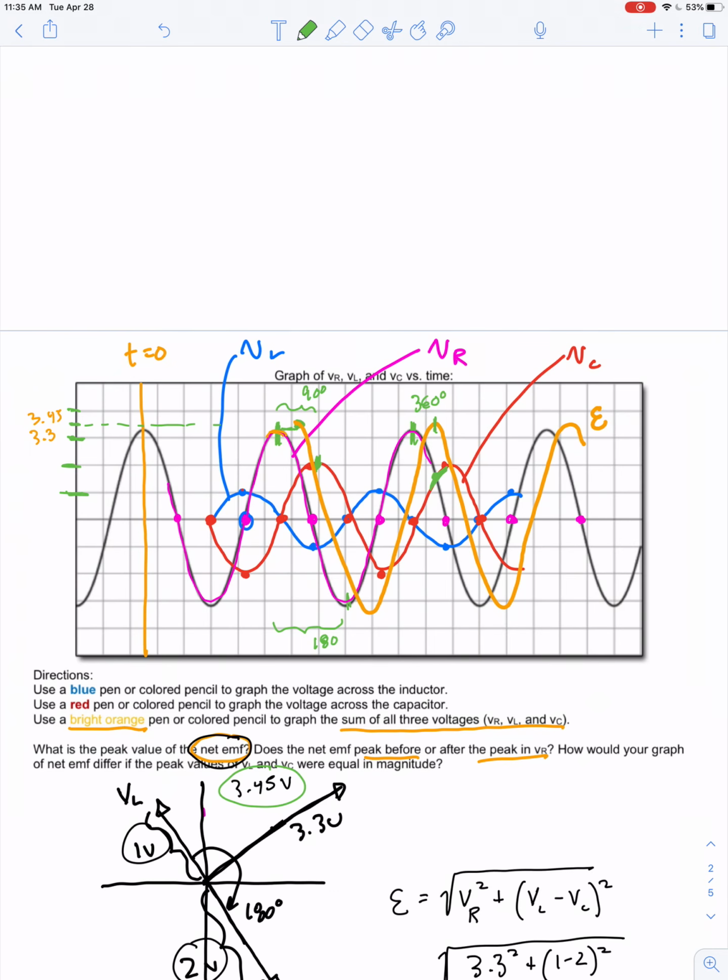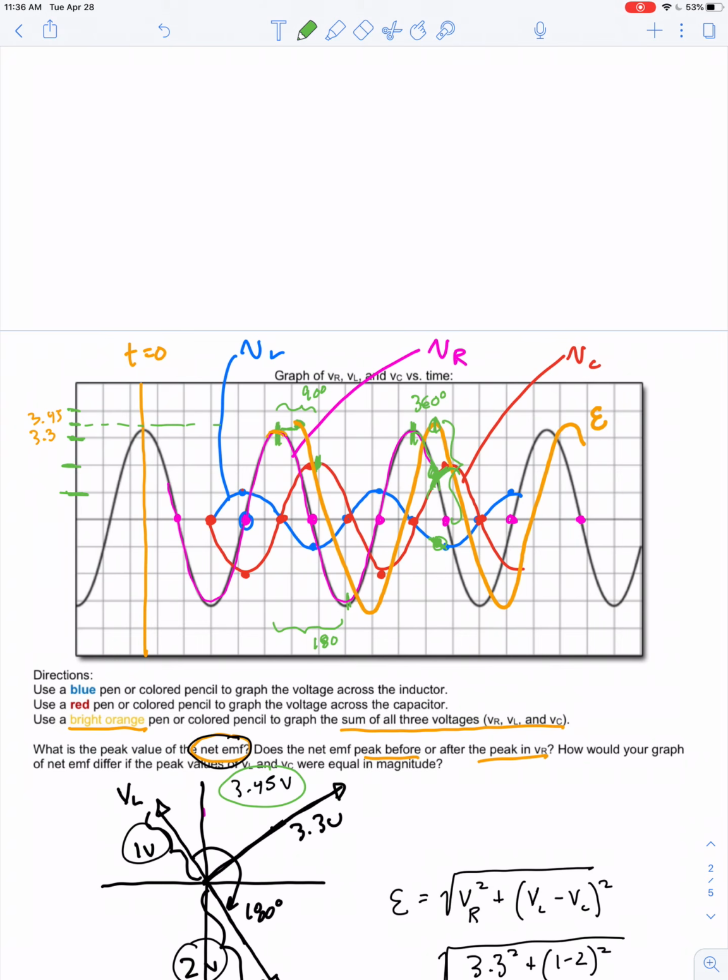The voltage across the inductor is negative. However, it's not as negative as the capacitor's voltage is positive. So the net value between the capacitor's voltage at this instant in time and the inductor's voltage is positive, which adds with the value of the voltage across the resistor at that moment in time, and all those values would add up to be that great.